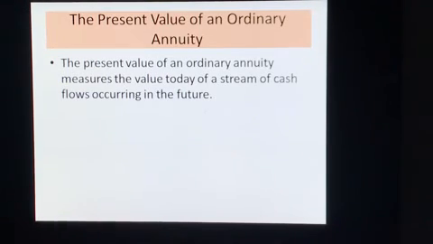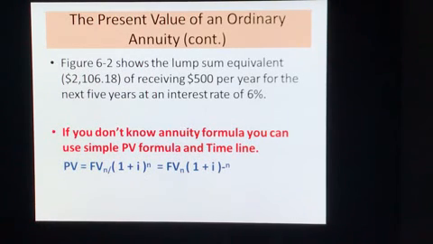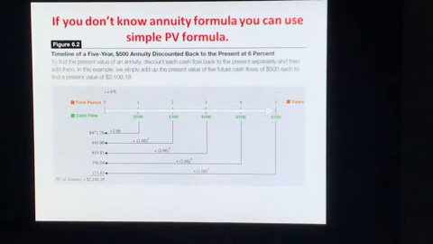So this is the formula to calculate the present value of a future cash flow. First of all, as I told you, you can simply discount all values at time period 0 and sum all present values to calculate the total present value of an annuity.